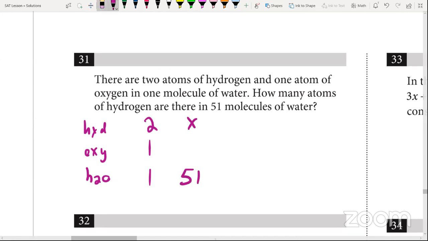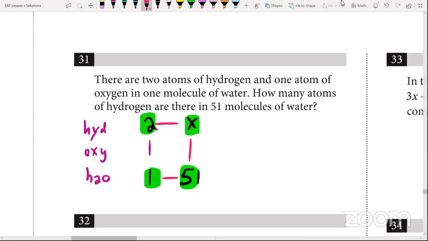So when you can set up a chart for things that are proportional, then anywhere where you see a rectangle in that chart, you can go ahead and write a proportion. So here we see a rectangular shape there.